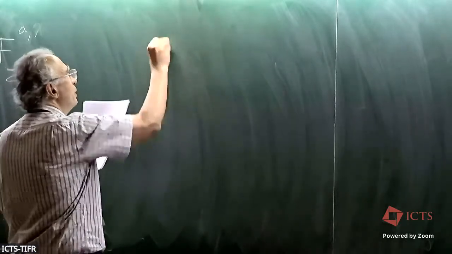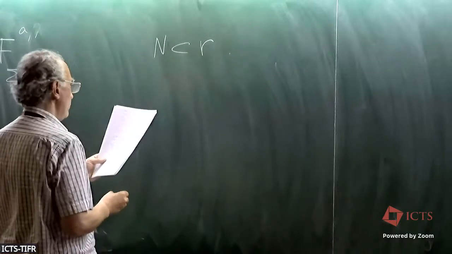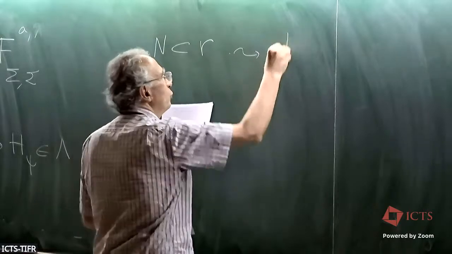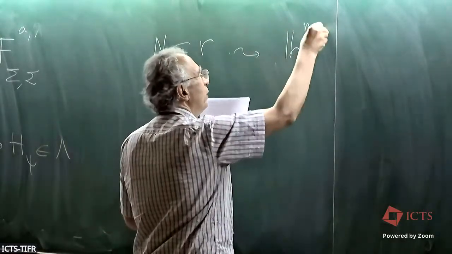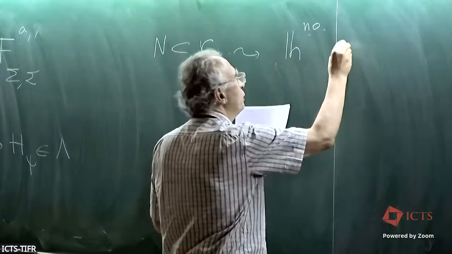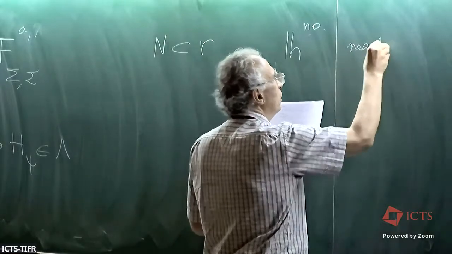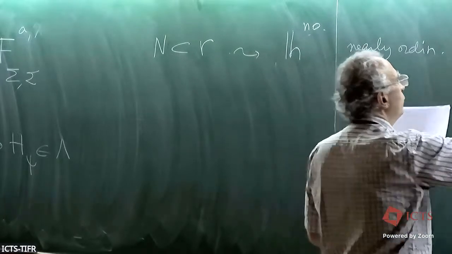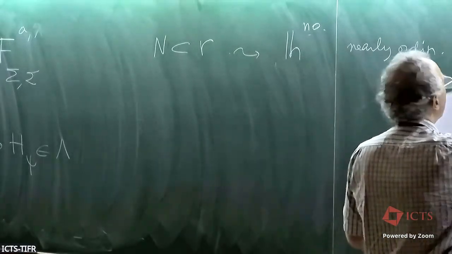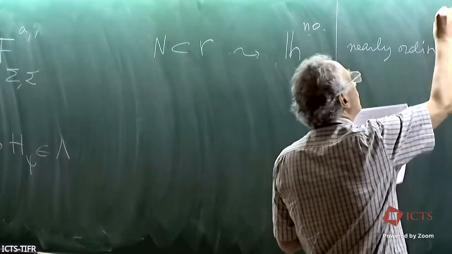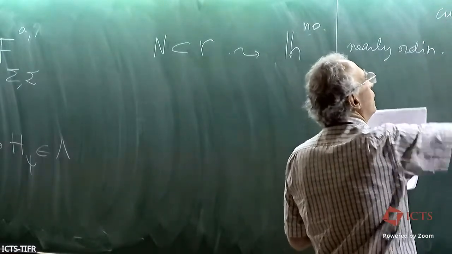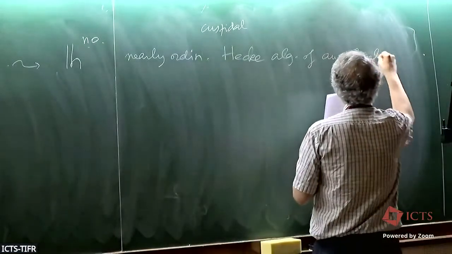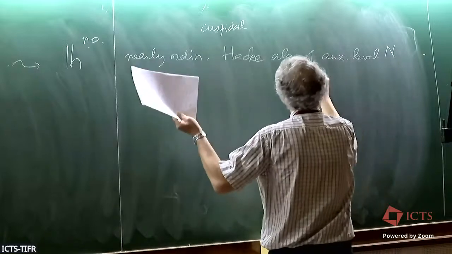So if we have an ideal n in the ring R, in F, you have the notion of the nearly ordinary Hecke algebra of Hida of auxiliary level n, cuspidal, of course, for Hilbert modular forms.